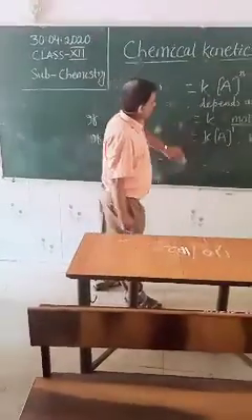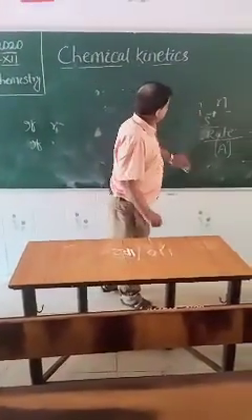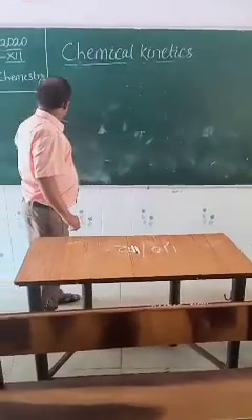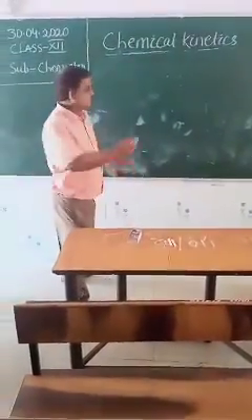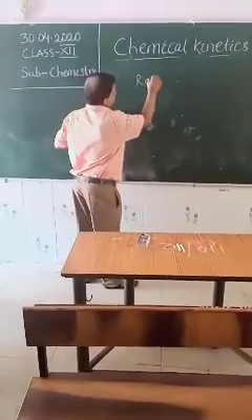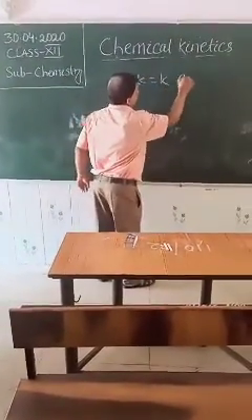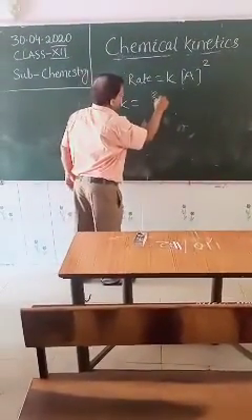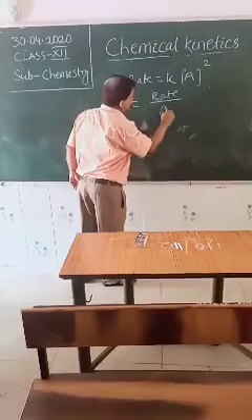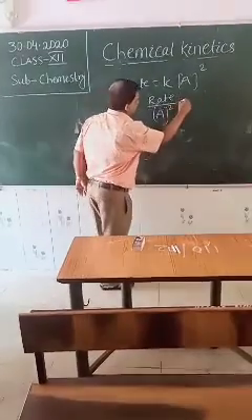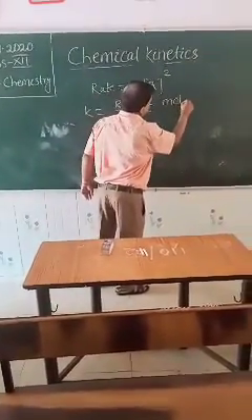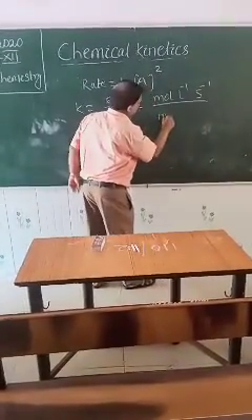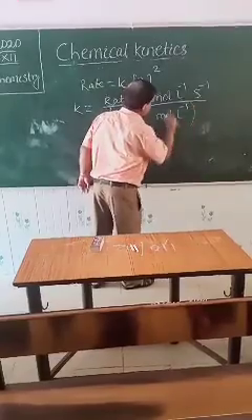Now students, you can find out the unit of rate constant k for second order reaction. For second order reaction, rate equal to k into A to the power 2. So k equal to rate by A to the power 2, equal to mole per liter per second divided by mole per liter whole square.